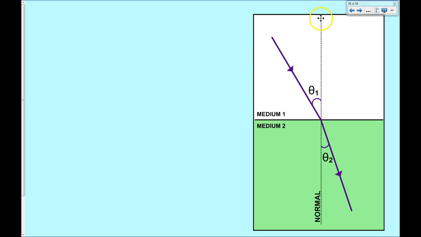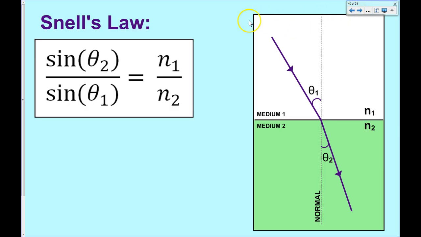So as you can imagine, there are some people out there that decided that was something they wanted to talk about because it'll help explain a whole lot of things about light. And basically they derived this law. It's called Snell's law, after the dude who developed it anyways. And you can see that it's a trig function: sine of theta 2 divided by sine of theta 1, and that's equal to n1 over n2.